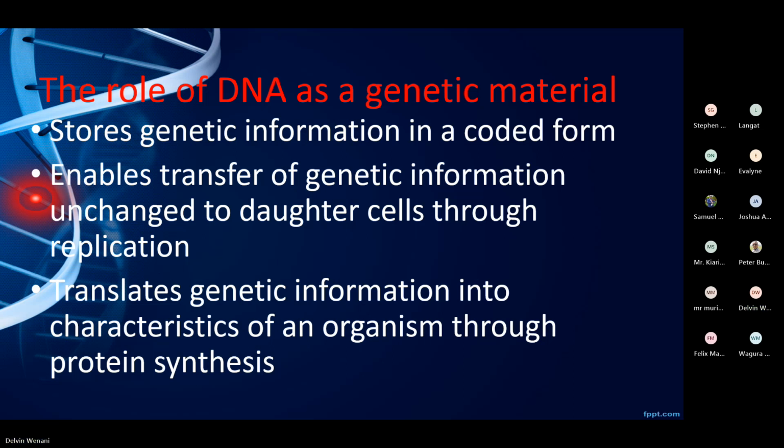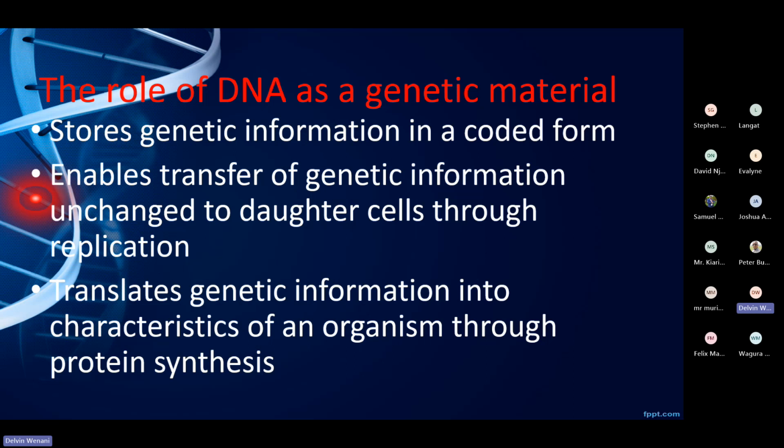Number two, it enables transfer of genetic information, which is unchanged, to the daughter cells through replication. I'm going to talk about replication on the next slide. Then it also translates the genetic information into characteristics of an organism through protein synthesis.